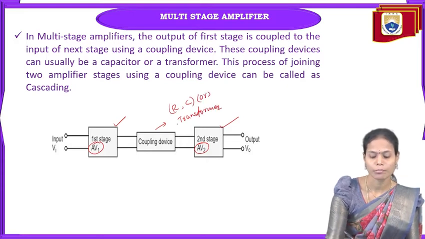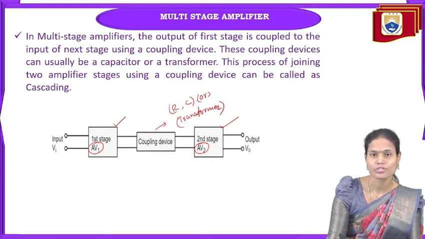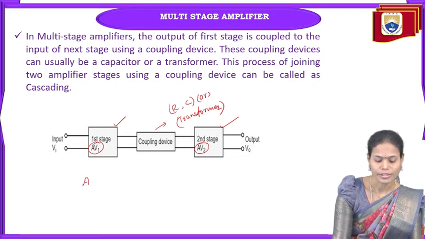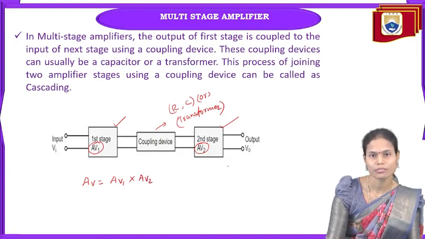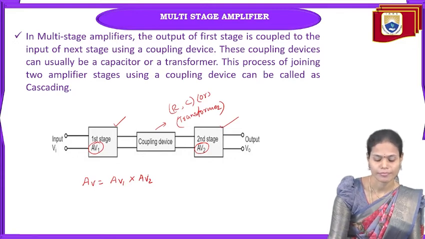The coupling element may be either a combination of resistor and capacitor, or else a transformer. The overall voltage gain of this two-stage amplifier is AV equal to AV1 into AV2. So the overall voltage gain is the product of the voltage gains of the individual stages.